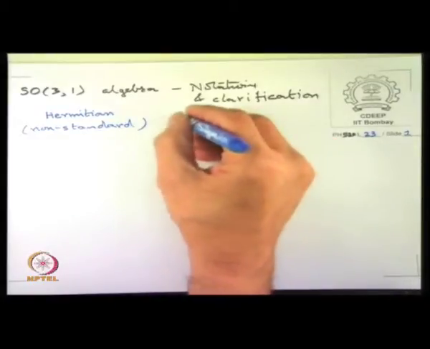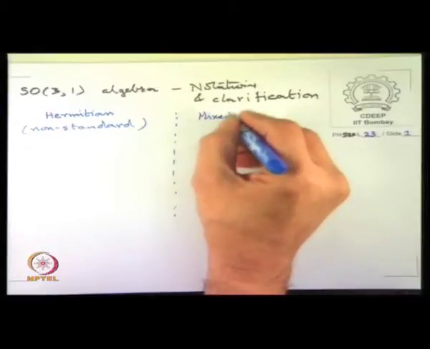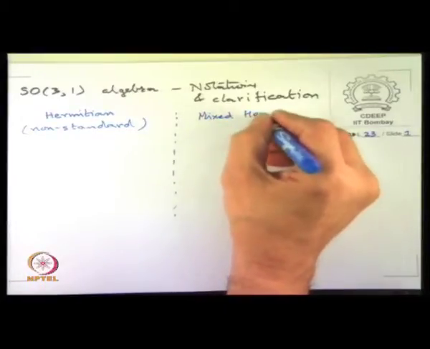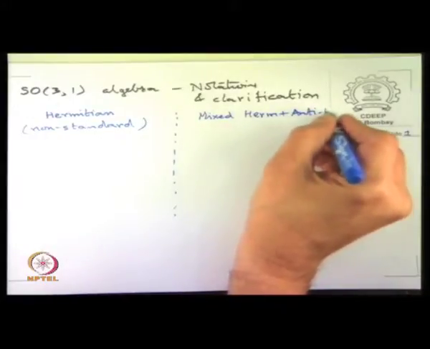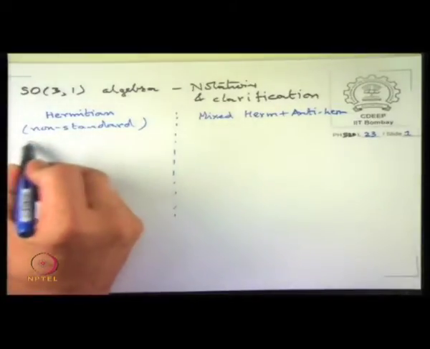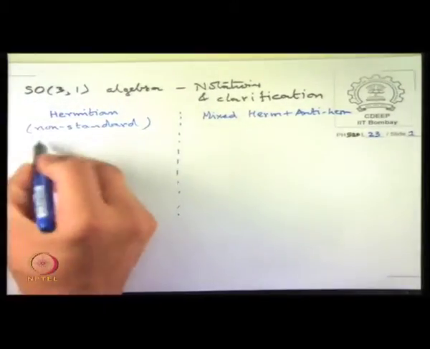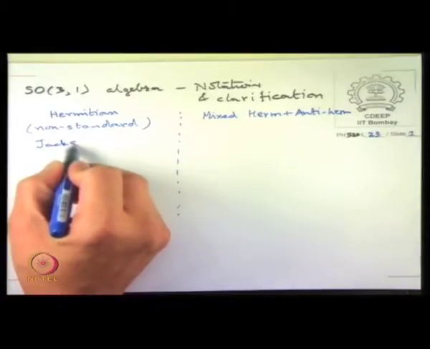The other one is a mixed one, Hermitian and anti-Hermitian. So, let me here quote Jackson, because that is a standard textbook, and even if I have made various errors of sign, I don't think there will be errors there.